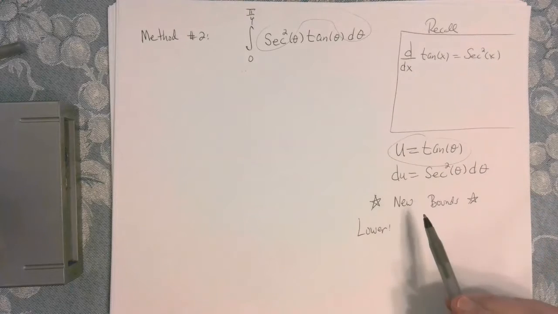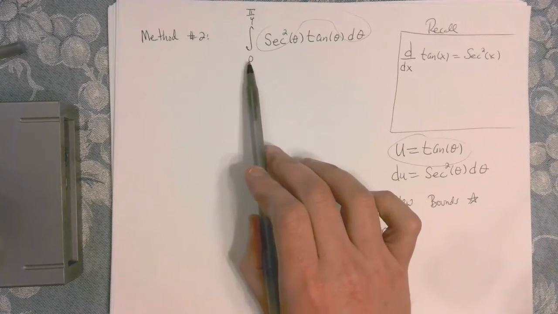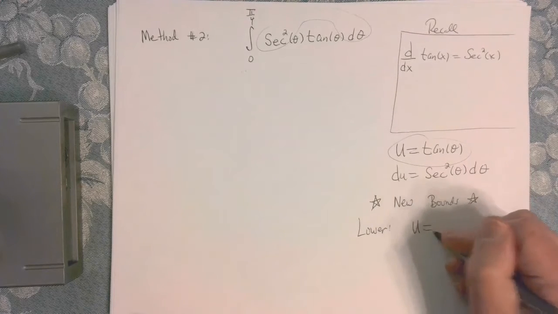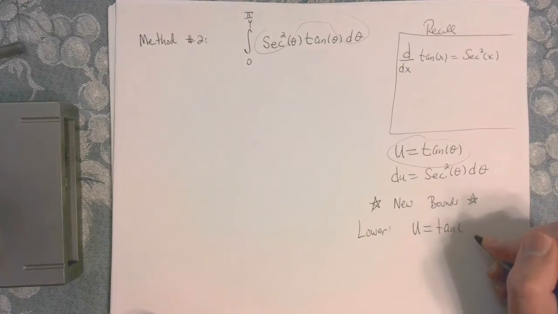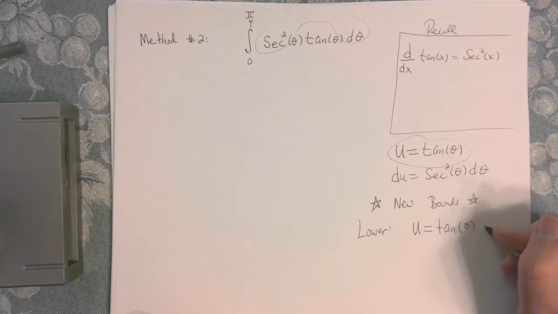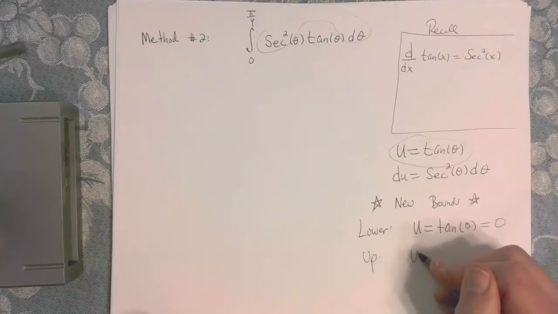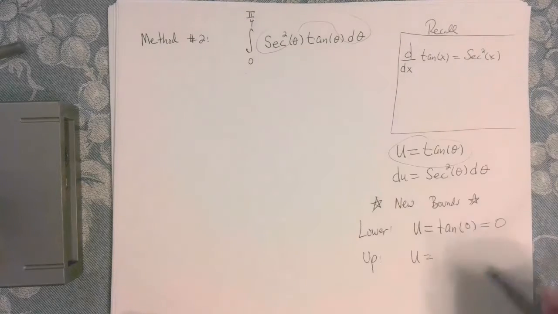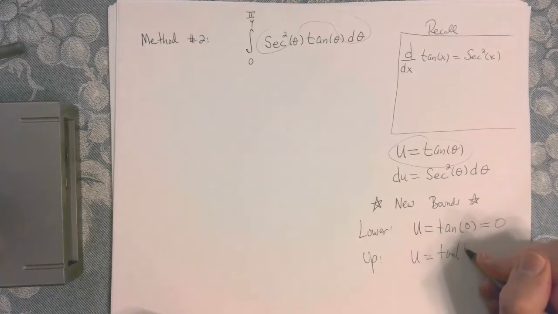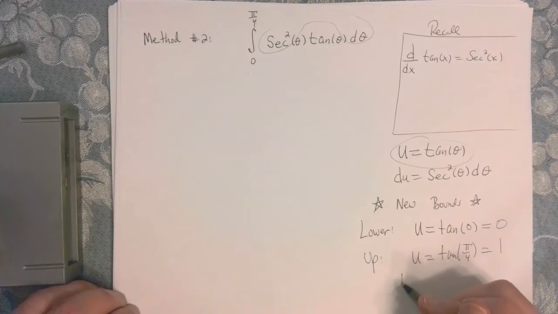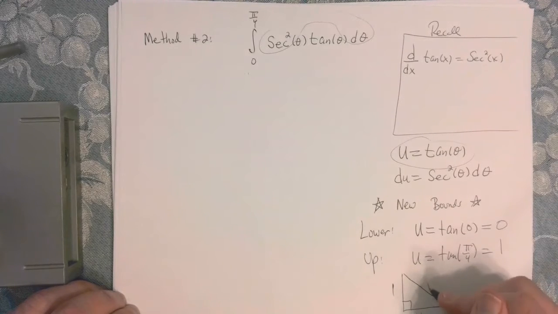So to find my new bounds, I'm going to take the lower bound of theta equals 0 and plug it in for theta. So u is equal to the tangent of 0, which is exactly 0. For my upper bound, I'm going to plug pi over 4 into tangent, and tangent of pi over 4 is 1. Again, you can get that by looking at the same triangle and computing the tangent: 1, 1, radical 2. That's pi over 4, and that's pi over 4.